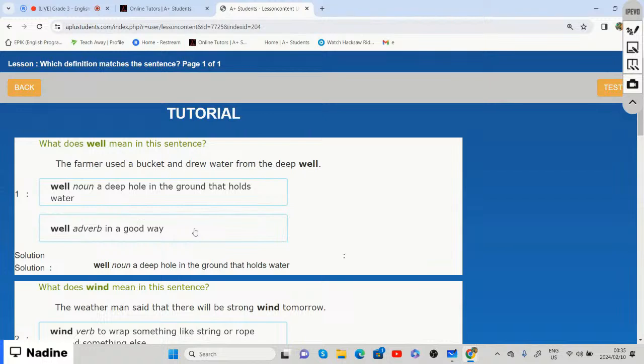So if you look at the definition of the word in the sentence, it says the farmer used a bucket and drew water from the deep well. Then which definition matches that sentence? Is it the first definition, which is a noun, or the second definition, which is an adverb, that matches the sentence?